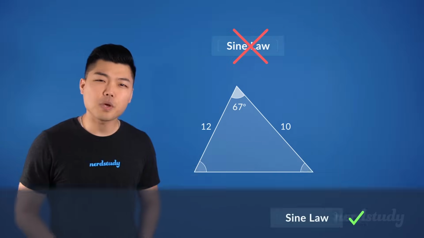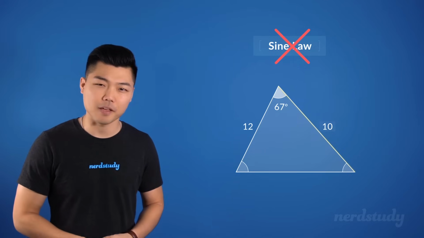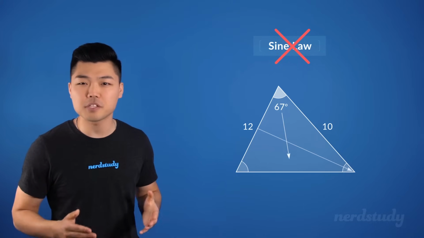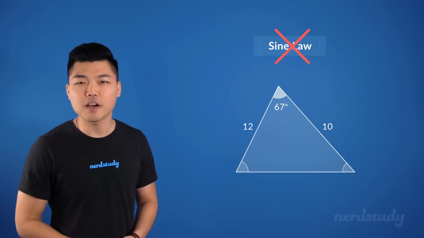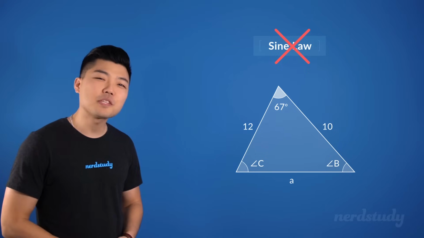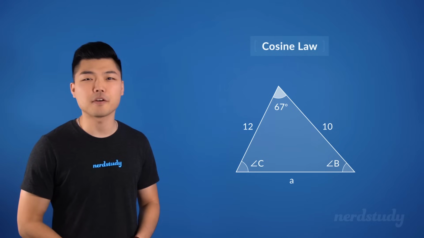In this case, we have the information for one angle and two side lengths, but none of the provided values are opposites from each other, meaning that we are unable to use the sine law to find the other values here. Well, this is not a problem since the cosine law is what can be used in this exact scenario.